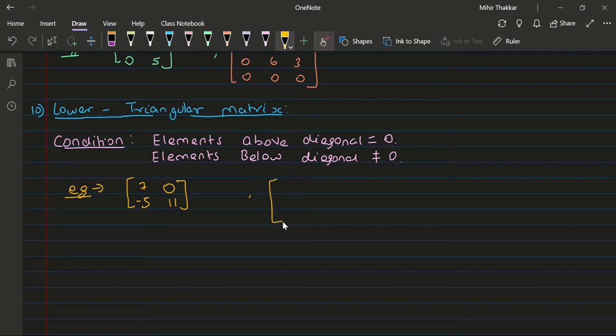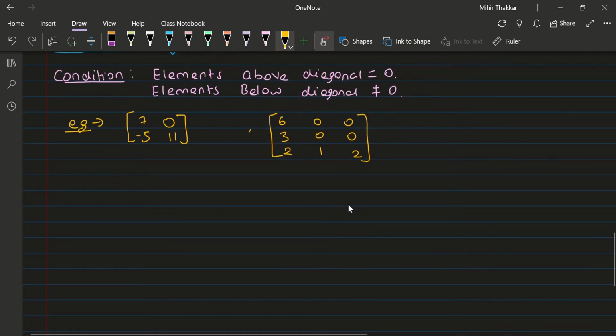One more example of a 3 by 3 matrix we can take 6, 0, 2. All the elements above the diagonal are 0. Below the diagonal compulsory non-zero numbers. So that was about your lower triangular matrix. Then the next thing that we have to learn under this is about the singular and non-singular matrix.